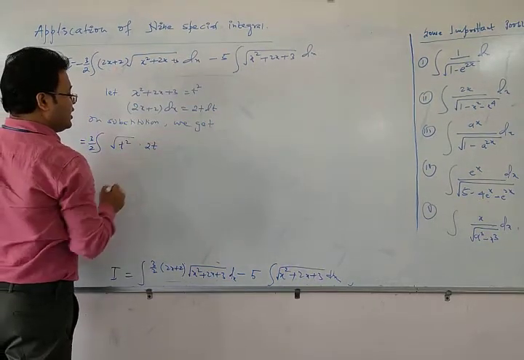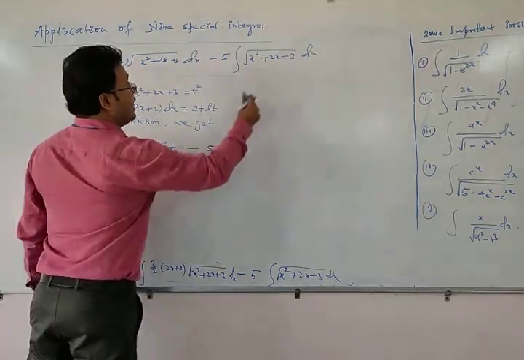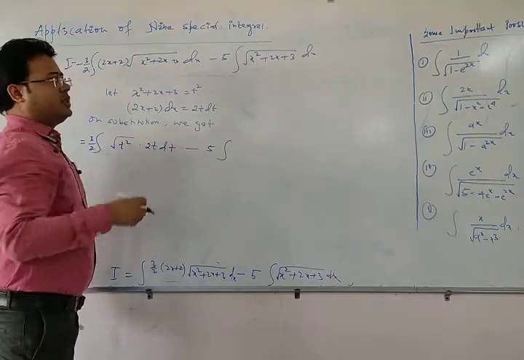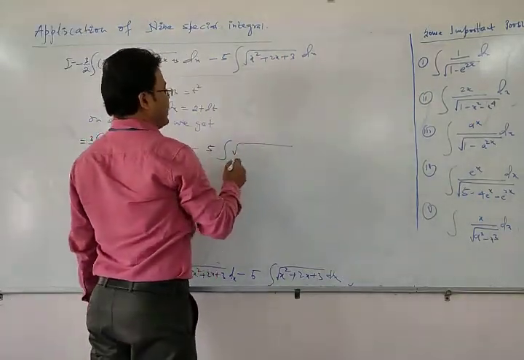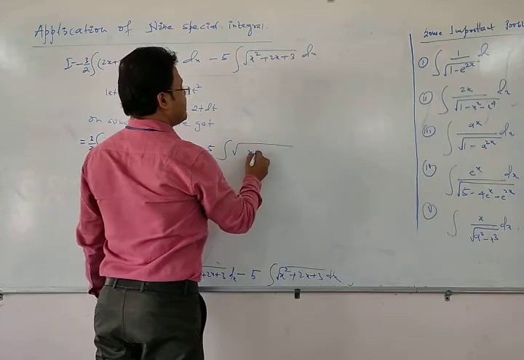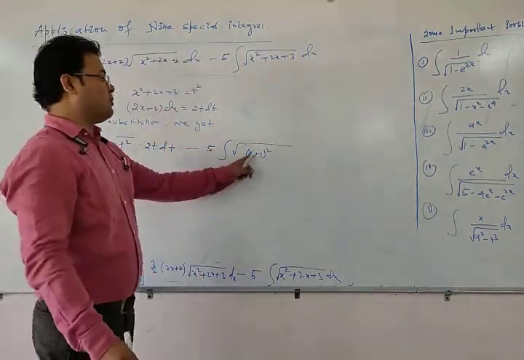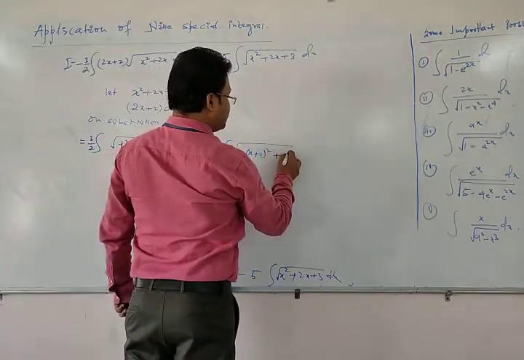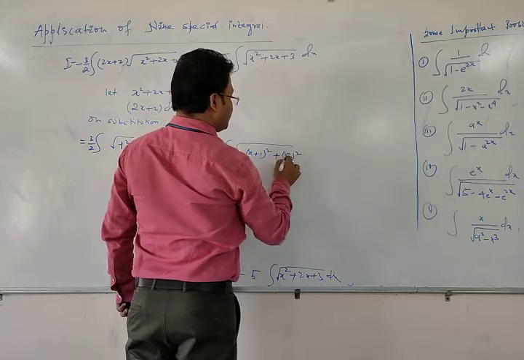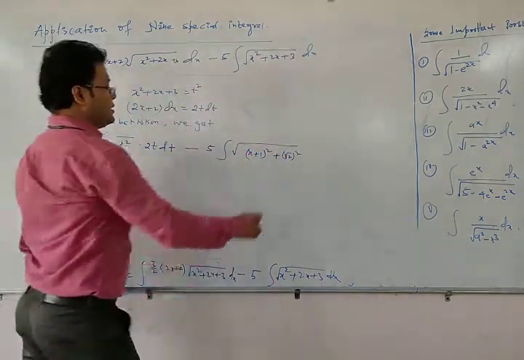So it is equal to 2t dt minus 5, and here we have to write the sum of two perfect squares. So we have to write x plus 1 the whole square, we will get x square plus 2x plus 1, and the extra will be 2, so it will be the square of the square root of 2, dx.